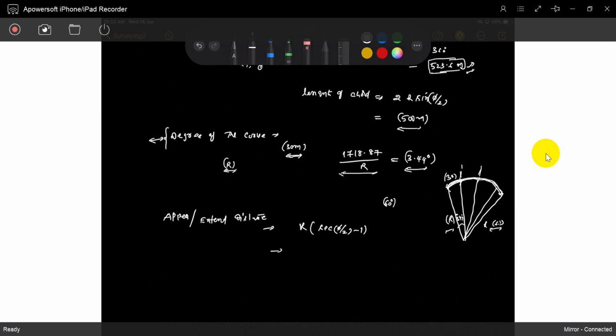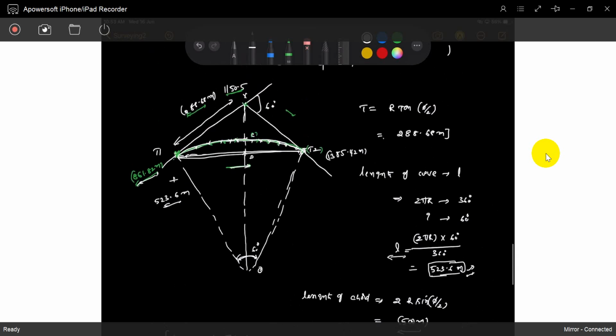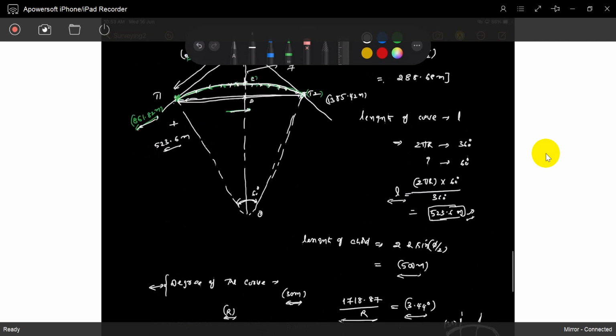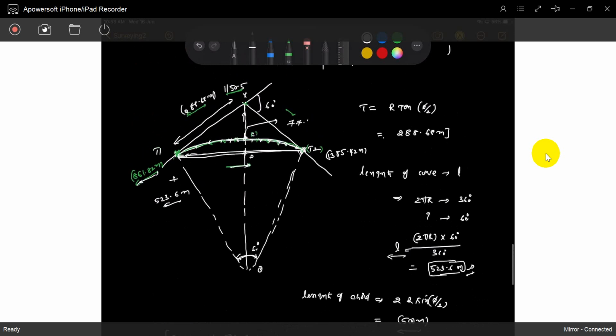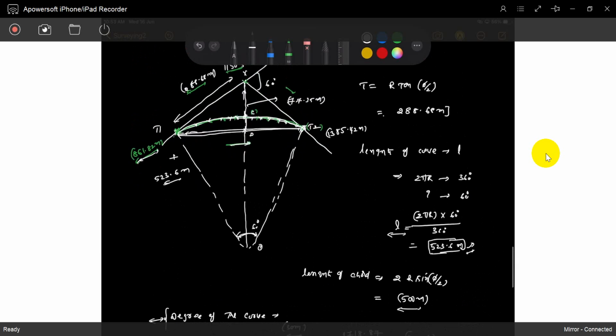So what is the value? The value is 77.35 meters. This is the apex distance.